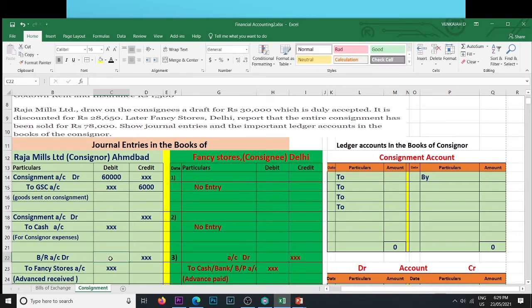Amount is 30,000 advance. As we already know from the previous chapter, for Raja Mills Limited it is bills receivable. For Fancy Stores it is bills payable. Raja Mills Limited account debit.